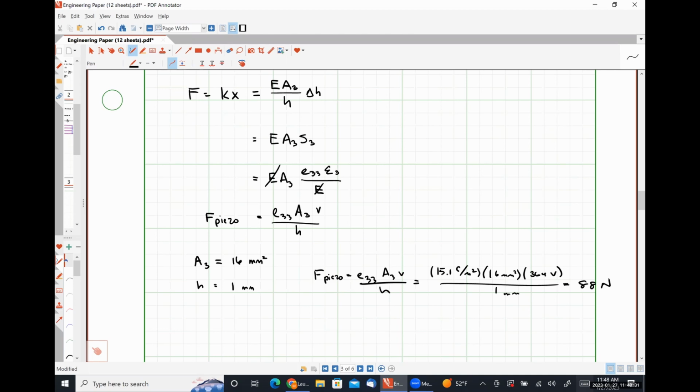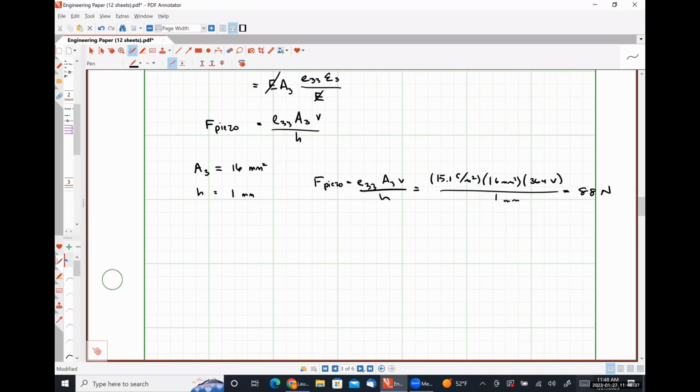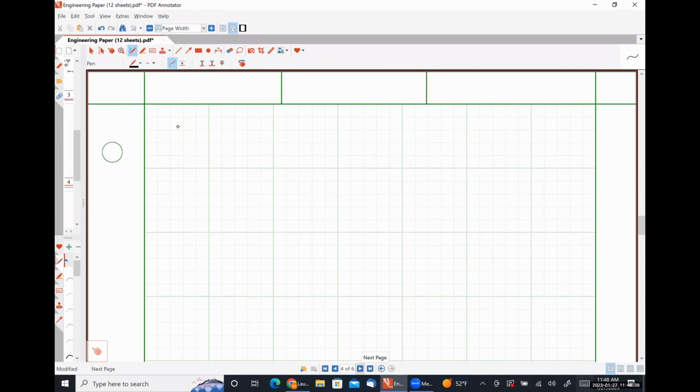Transverse actuation is roughly the same thing, but there is an important difference here. Okay. So let's go to the next page. So under transverse actuation, we have a similar constituent equation.